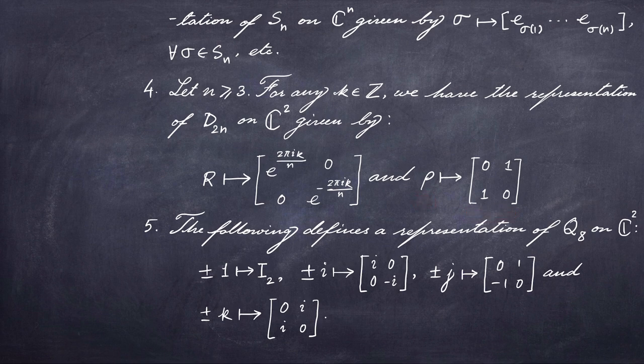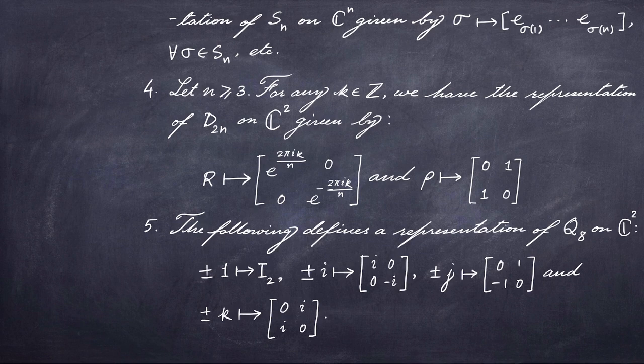It's easy to see that this defines a homomorphism from D2n to GL2(C), and consequently we obtain a representation of D2n on C2. So for each k we thus obtain a representation. Of course, not all of them are going to be different, that's a separate thing.